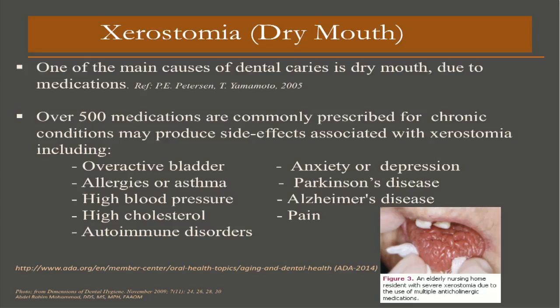Those health issues include, but are not limited to, overactive bladder, allergies or asthma, high blood pressure, high cholesterol, autoimmune disorders, neurologic disorders like Parkinson's disease, Alzheimer's disease, mental disorders like anxiety or depression, or just pain.